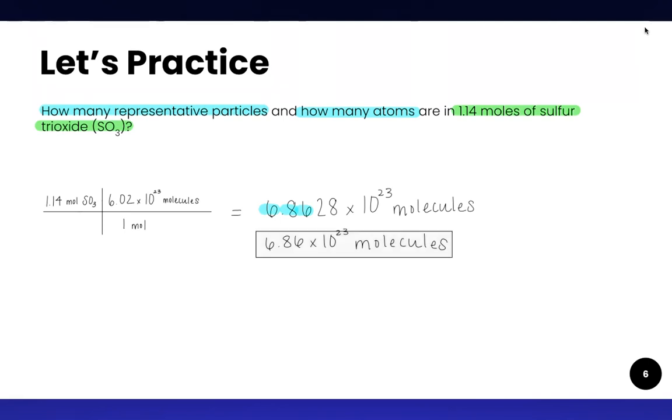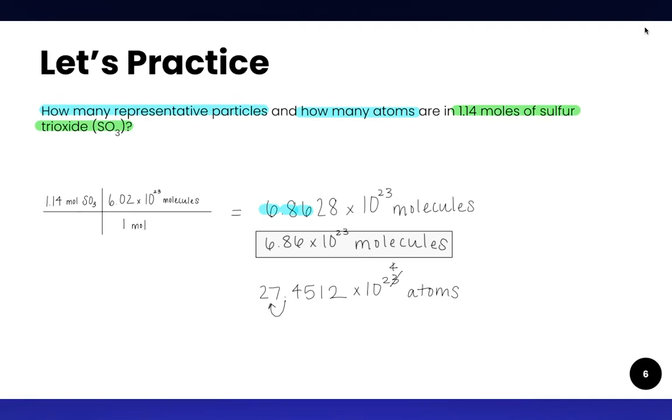Now the next one asks how many atoms. And SO3 has 4 atoms per molecule, so I just need to multiply 6.86 by 4. I need to correct this and put it in proper scientific notation, and then correct for the right number of significant digits. So I'm almost done. I need to move my decimal place behind the first significant digit, which will change 23 into 24.